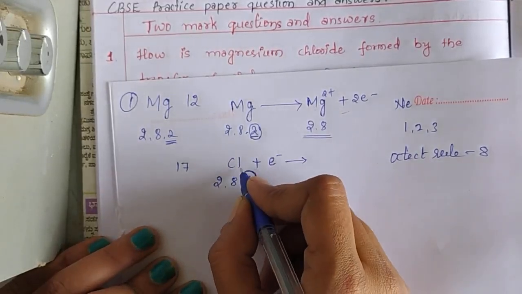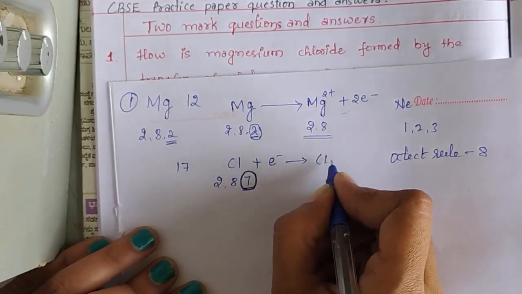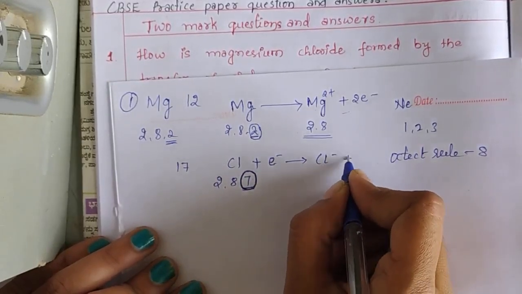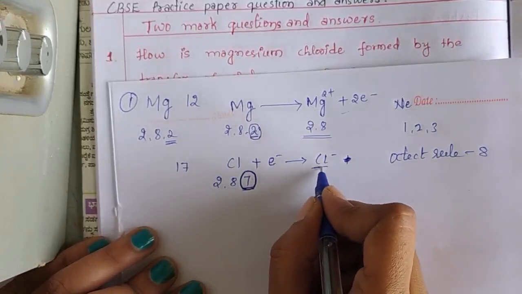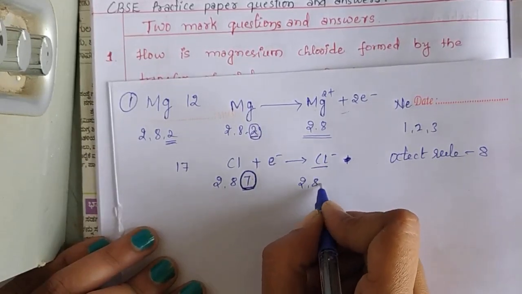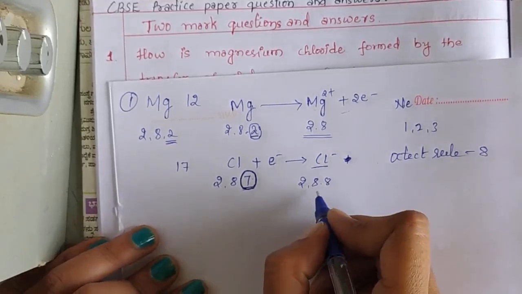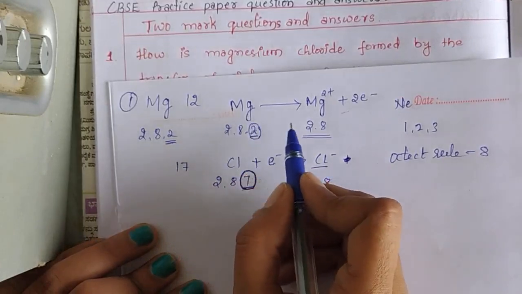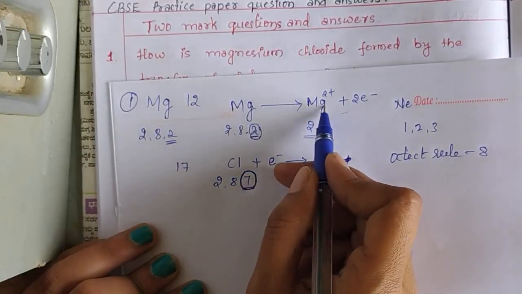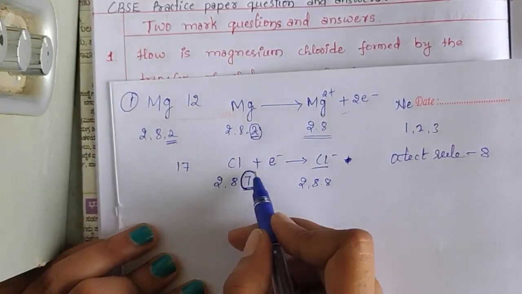The chlorine atom gains 1 electron and is converted into the chloride anion, whose electronic configuration is now 2, 8, 8. It is stable. So magnesium loses 2 electrons and chlorine gains 1 electron.